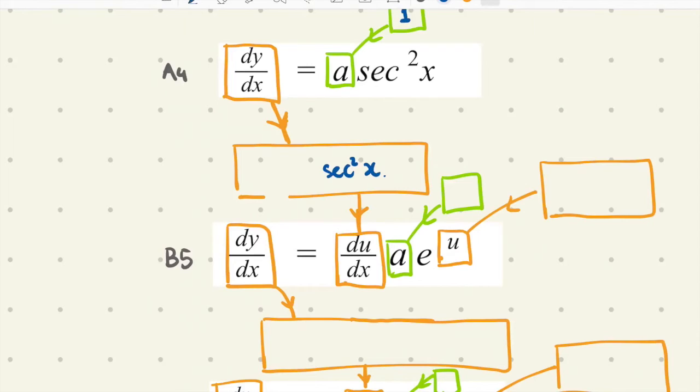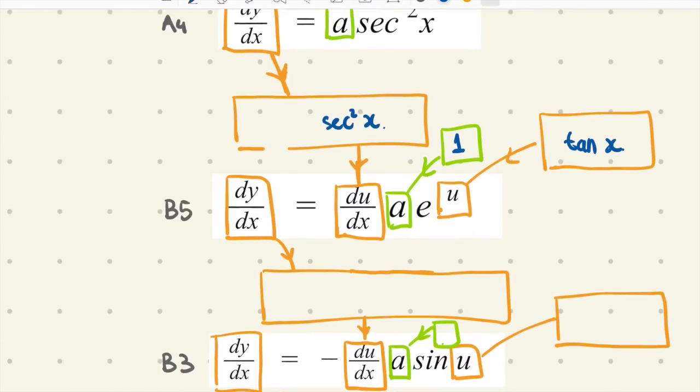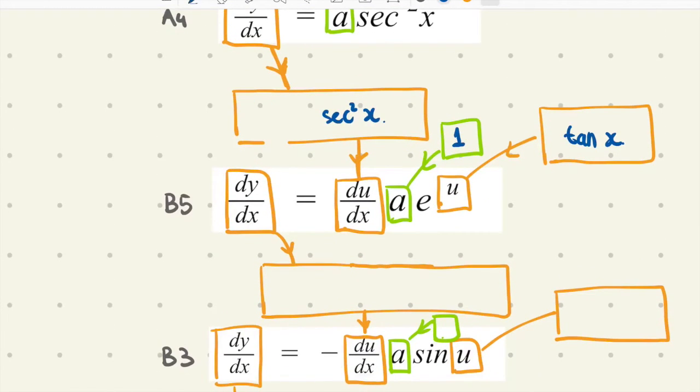Then A here will be 1, as we know before from the previous working, and u is tangent x, not secant square x, because secant square x is du dx, which means we can find dy dx easily because we already substitute all the values and expressions.